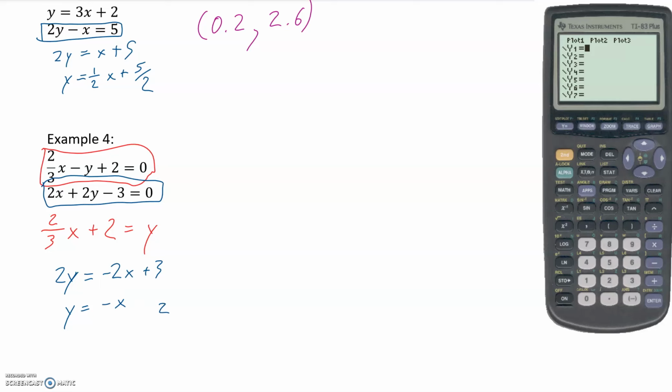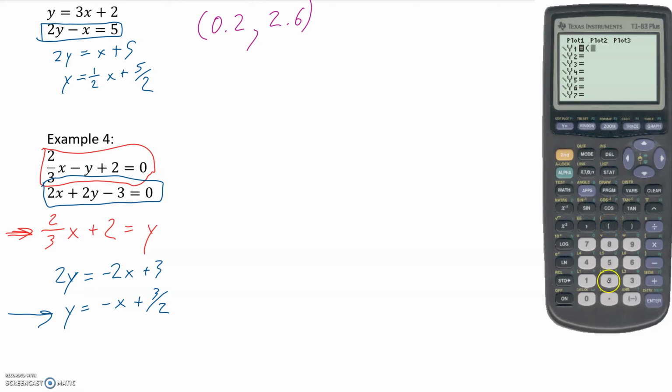Oh, sorry, plus 3 over 2. Yeah, I was right before. Okay, so that is our new equation. So now we're going to graph this equation and this equation, and then you can find the intersection after that. So let's start this out.